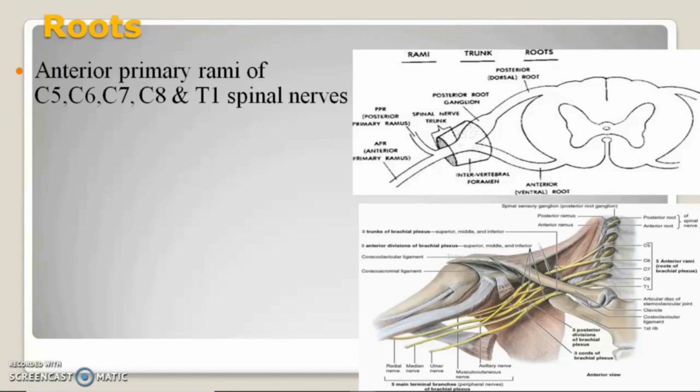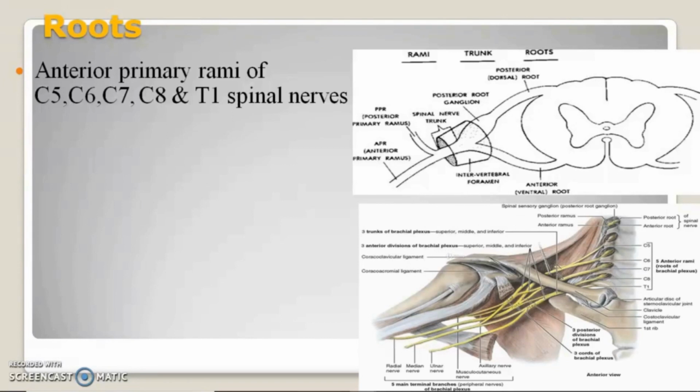For brachial plexus formation, we have the anterior primary rami of all these 5 spinal nerves contributing, which is a very important point you have to remember. From which rami the brachial plexus originates, they may ask. So it takes origin from the ventral rami of C5, C6, C7, C8 and T1 spinal nerves.